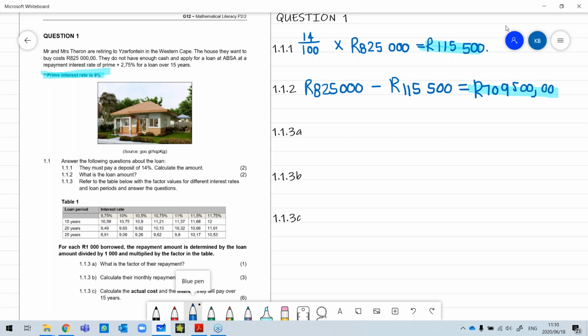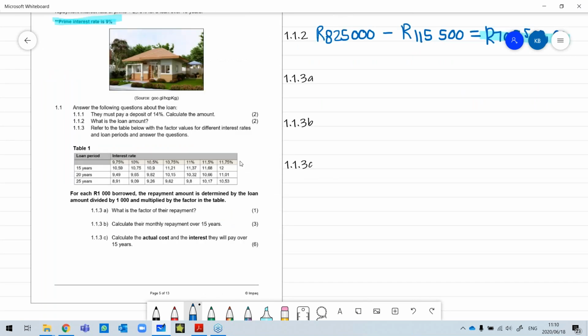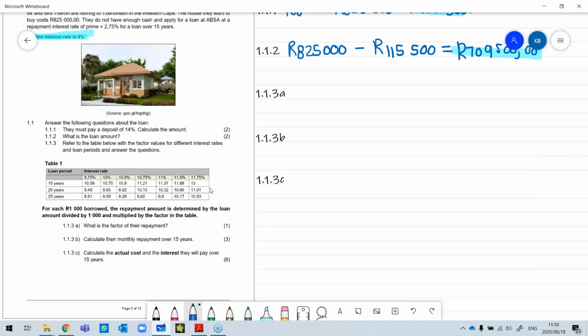Then question 1.1.3. Refer to the table below with the factor values for different interest rates and loan periods and answer the questions. For each R1,000 borrowed, quickly read, I'm here at the bold printed section.